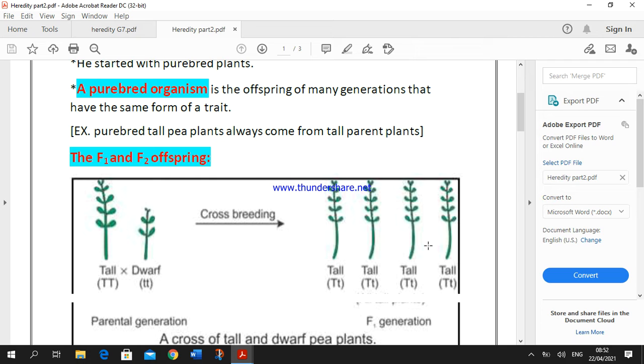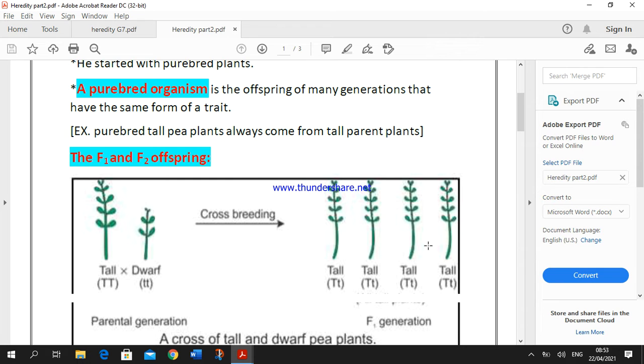He counted the plants of the second filial, or F2, generation. He observed that about 3/4 were tall while 1/4 were short, or in other terms, about 75% of the second filial generation were tall, while 25% were short, okay?